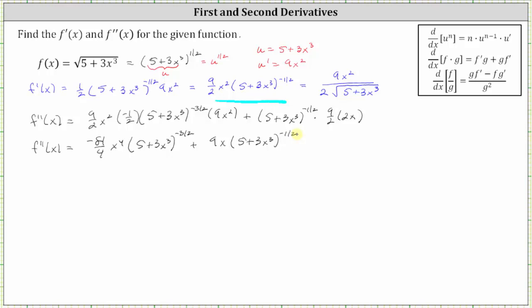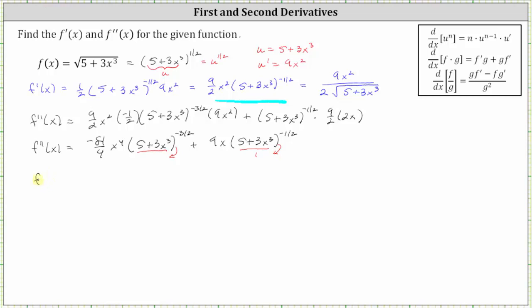Let's rewrite it using positive exponents and then using square roots. Using positive exponents, we would move the quantity 5 plus 3x cubed down to the denominator, which would change the sign of the exponent here as well as here.